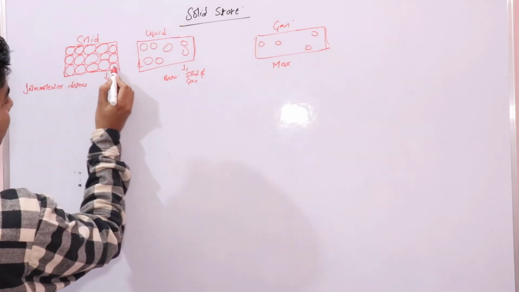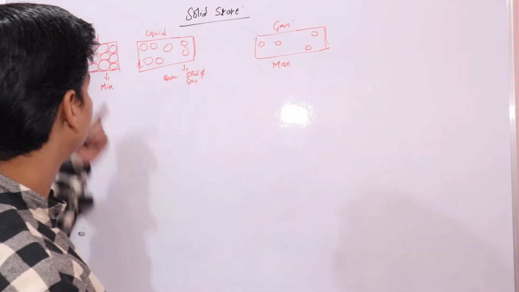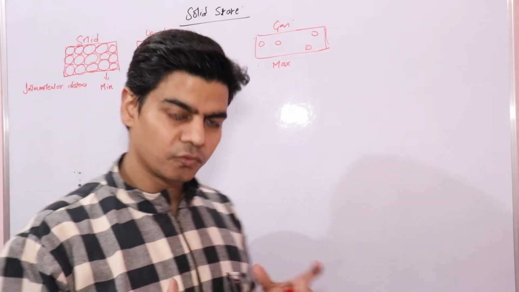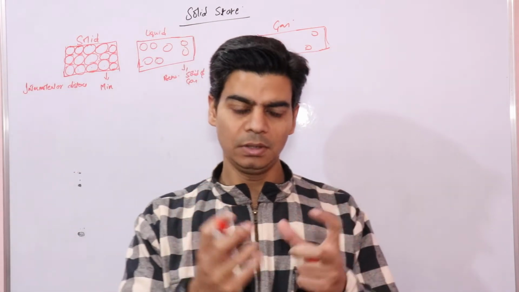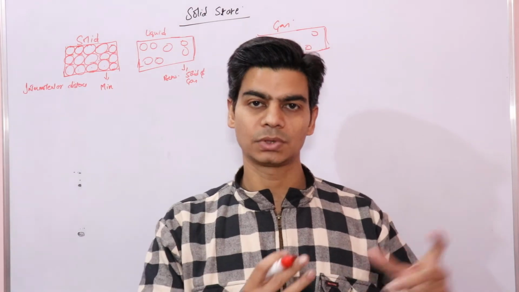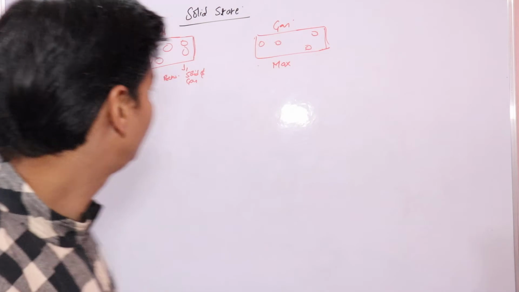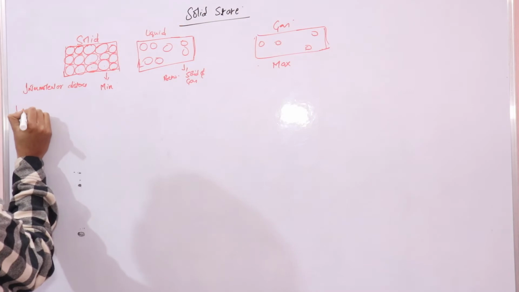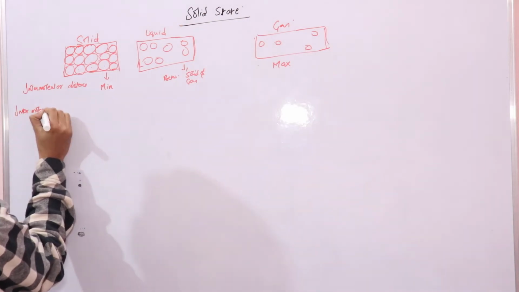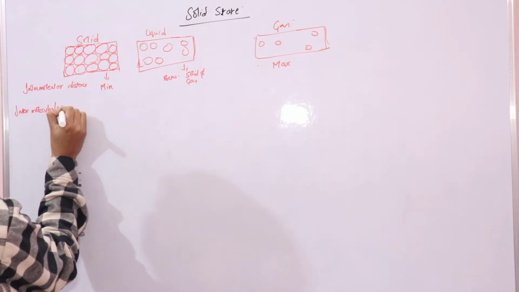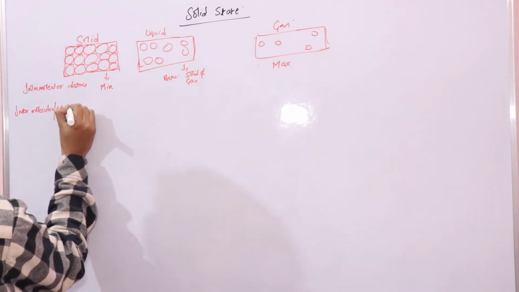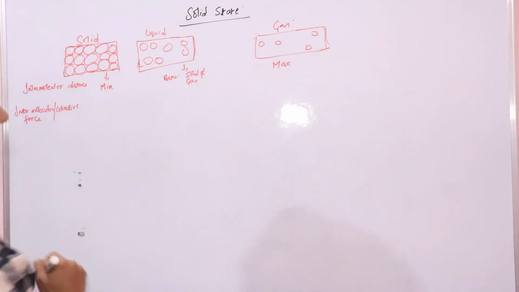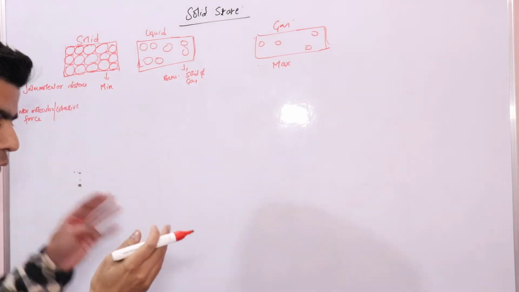Now these particles in solid, liquid, and gas, these molecules or atoms, also experience a force of attraction between the constituent particles. If you look at the three cases, the intermolecular force, which we also call cohesive force, is maximum in solids because the constituent particles are close to one another.